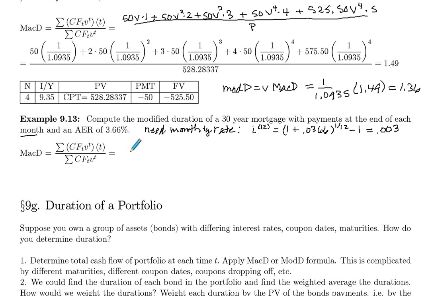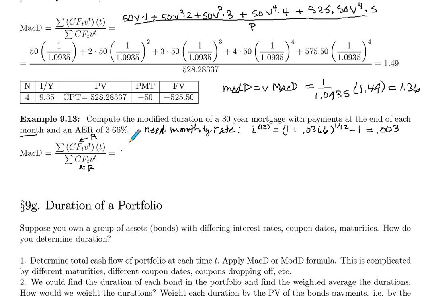Okay, so now all of our cash flows here, cash flow at time t, this is a mortgage again, so those are all R, the mortgage payment, and all these guys down here are all R. And so those are going to factor out and cancel as they did in some of the earlier examples.